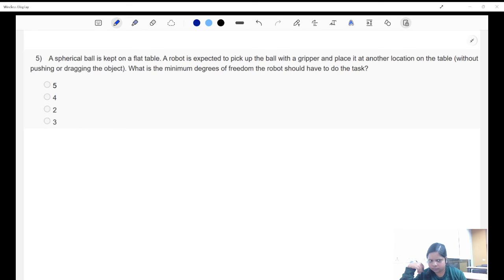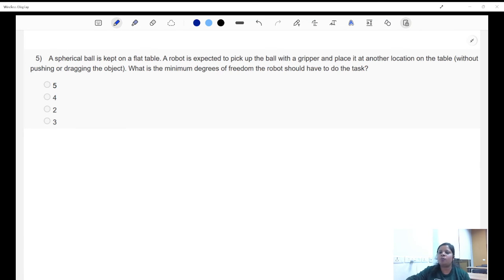Ma'am, two, is it two? Two? How two? How two would suffice? I thought just pick up the ball and... But you have to navigate in 3D, right? For navigating in 3D, you would need 3 degrees of freedom, no?